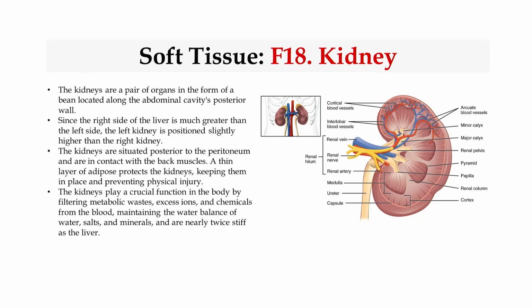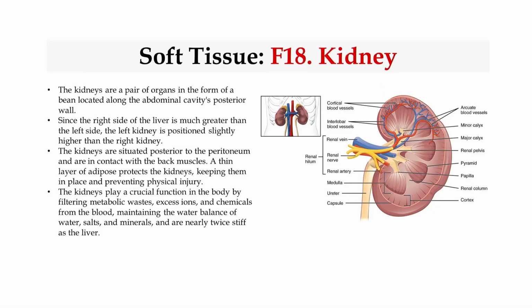So this also does the same job for the kidneys, keeping them in place and preventing physical injury. Injuries to the kidney is a very vital issue, right? If the kidneys get injured, the blood is not filtered, and there is a huge issue with toxin development in the body, right? So making sure that the kidneys are protected is very, very important.